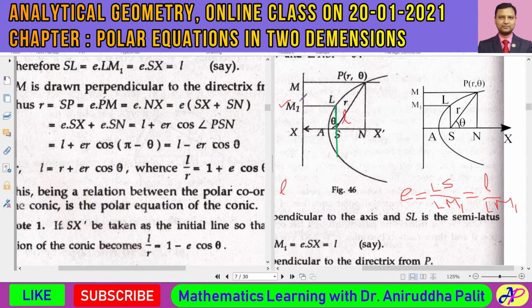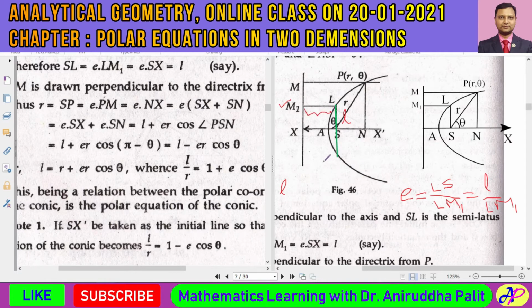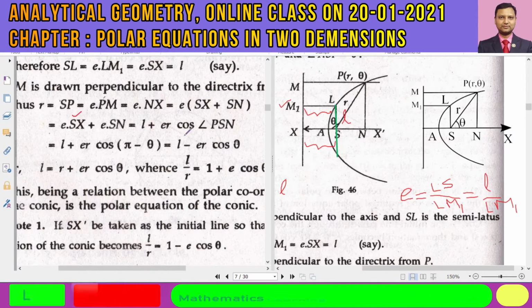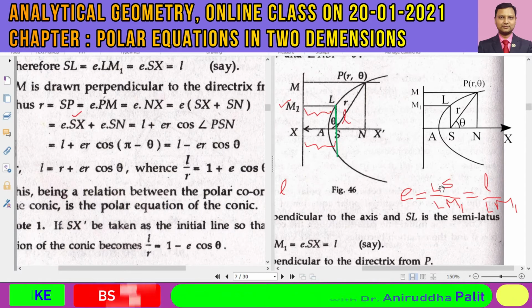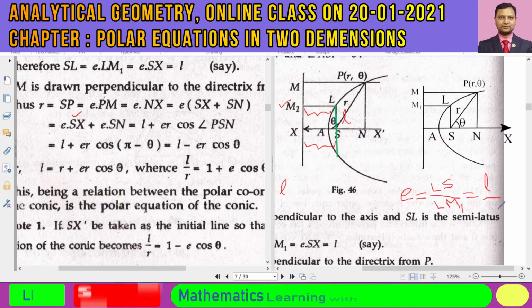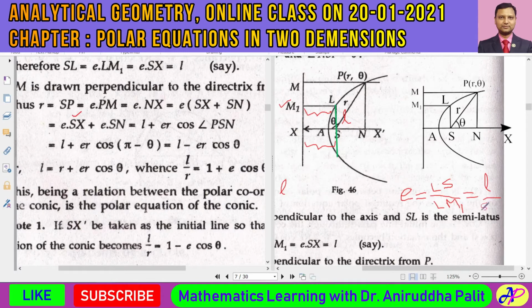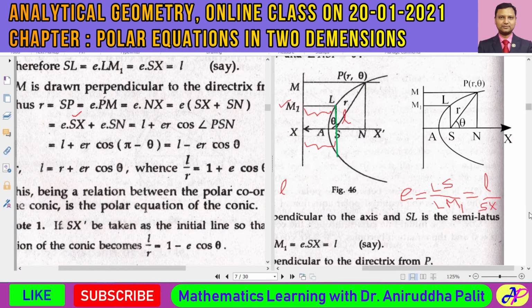So L to M1, this much distance, is actually equal to the distance Sx over here. Therefore, in place of this LM1, we can write Sx.